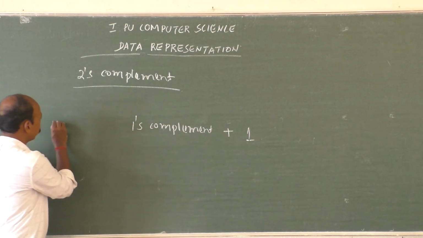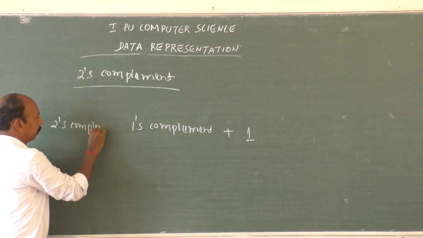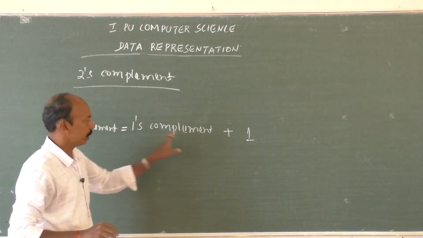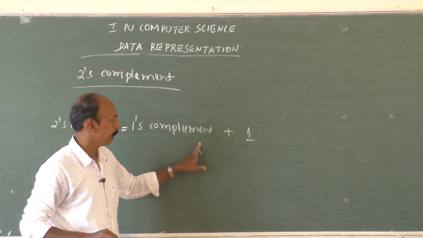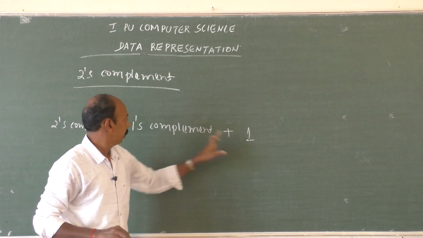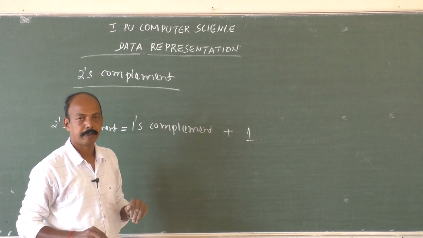That's why 2's complement is equal to taking the 1's complement of the given number and adding 1 to it.